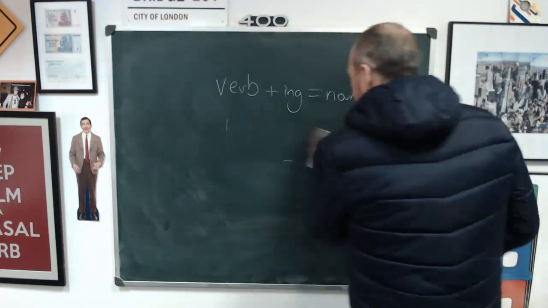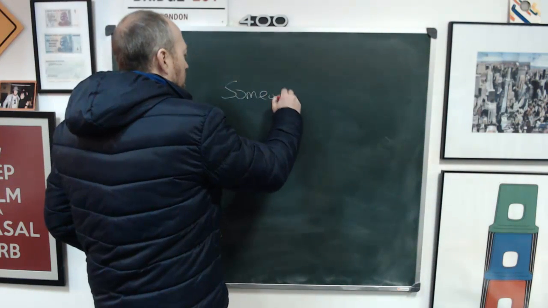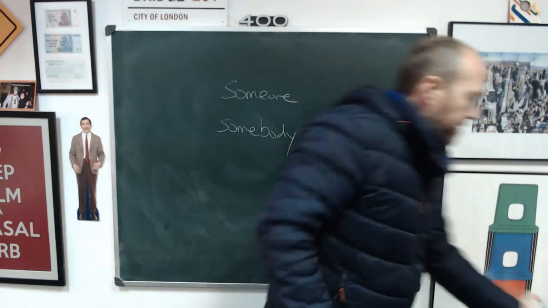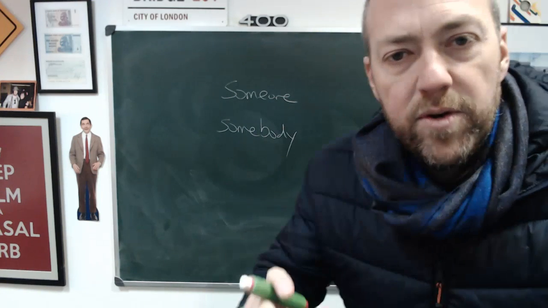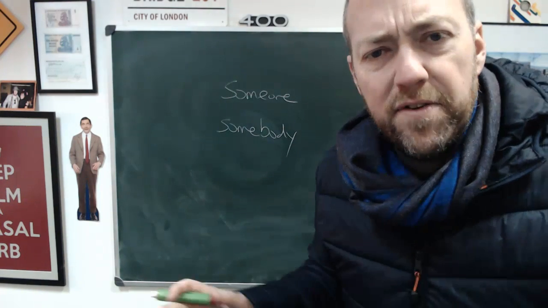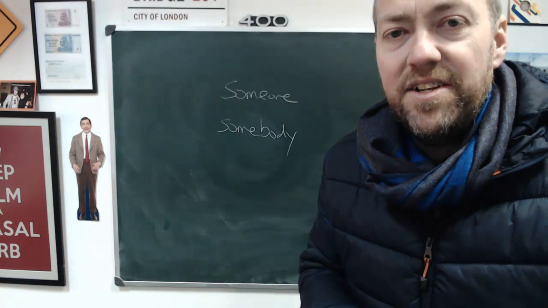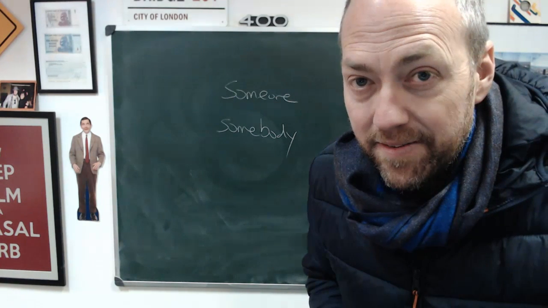Lionel, hello Lionel, he has asked what is the difference between someone and somebody? Oh, okay. Someone and somebody. There is absolutely no difference. They are perfect synonyms, okay? And remember that in English, these are singular, okay?